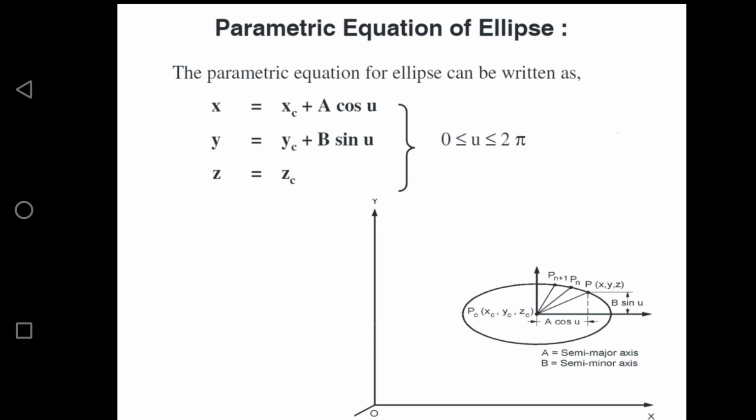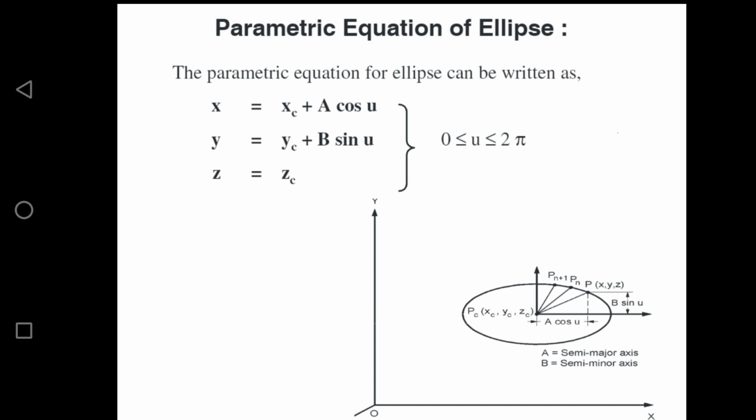If I represent this point P by using the semi-major axis and semi-minor axis, my horizontal distance from the center to the point P is a cos u, and my vertical distance of P from the center is b sin u, where A is the semi-major axis and B is the semi-minor axis.